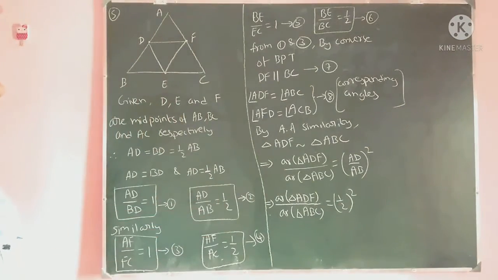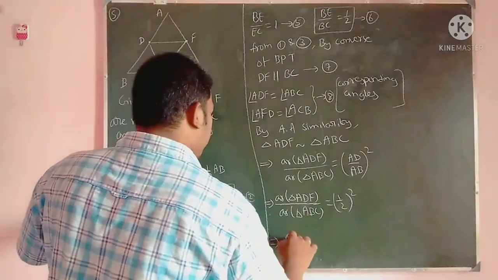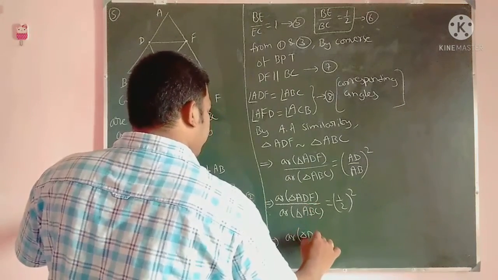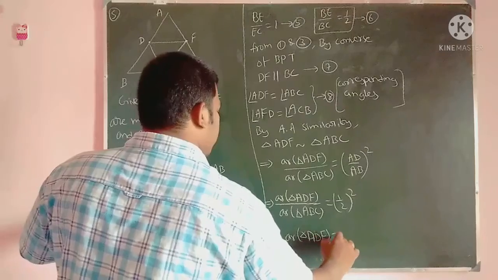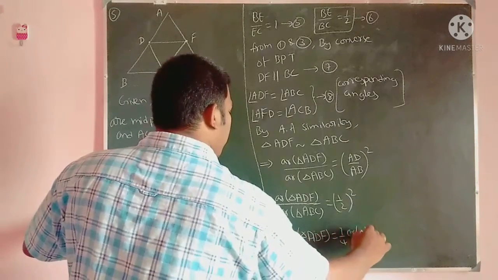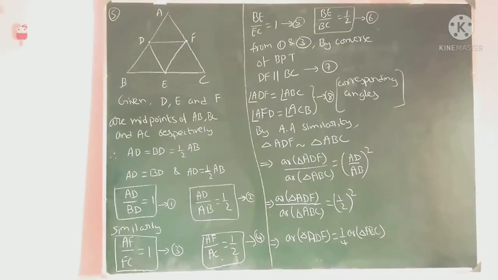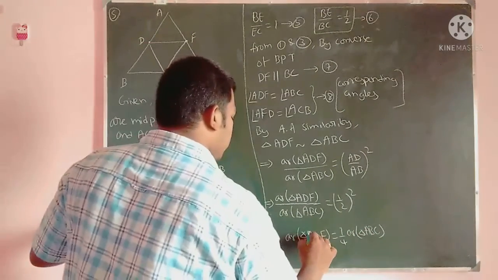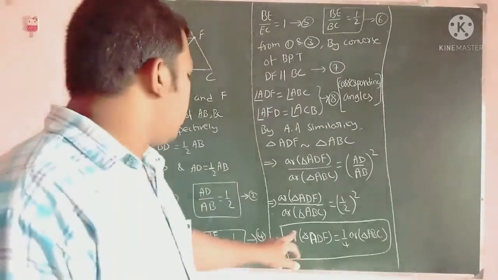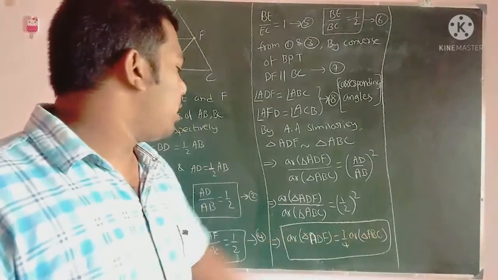From 2 we can write AD by AB is equal to 1 by 2. So area of triangle ADF is equal to 1 by 4 times area of triangle ABC. So we got area of triangle ADF is equal to 1 by 4 times area of triangle ABC.